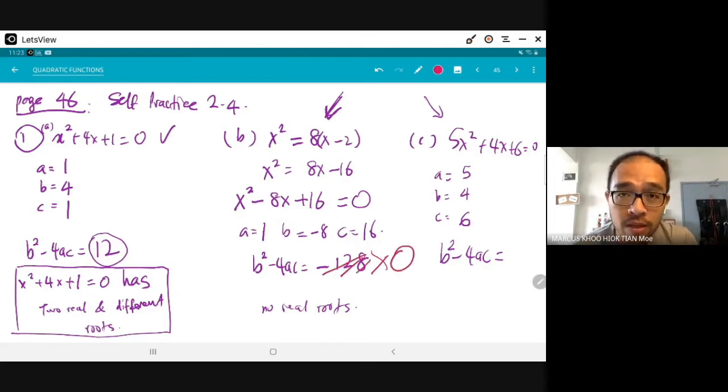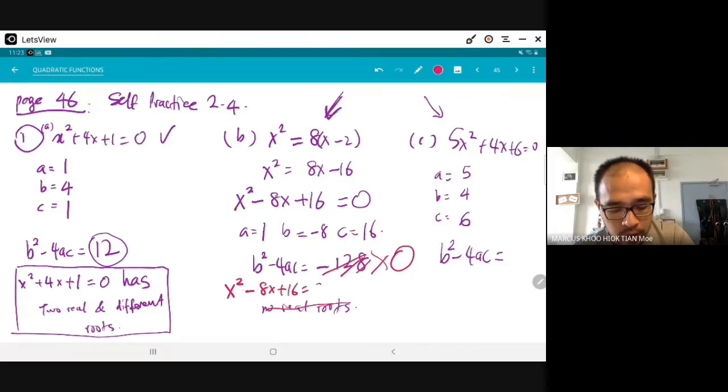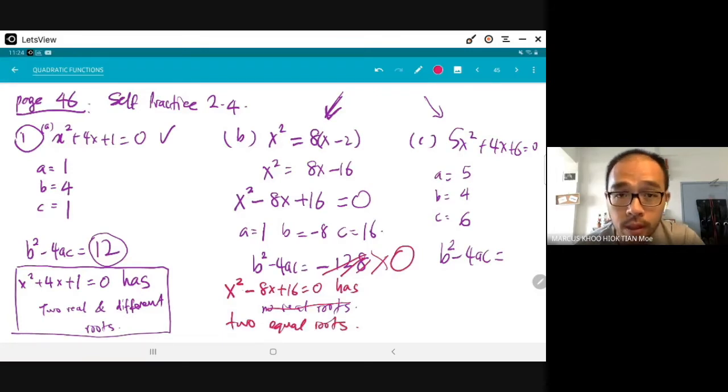B squared minus 4AC for question B is 0, and the interpretation for 0 is x squared minus 8x plus 16 equals to 0 has 2 equal roots. Be very careful with the negative number, especially, whether it is Benedict or other people in this class that made the same mistake.